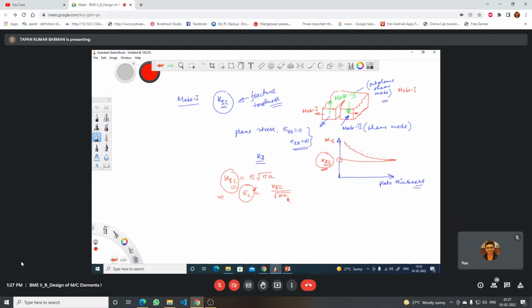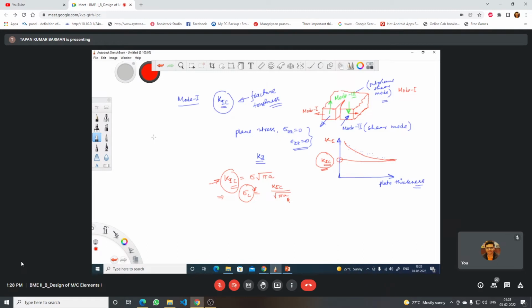If your stress intensity factor is less than the critical stress intensity factor, then your crack should not propagate. If, depending on the loading amount, your stress intensity factor in mode 1 is more than the critical value, the material fracture toughness, then the material will fail. So we may consider it this way.